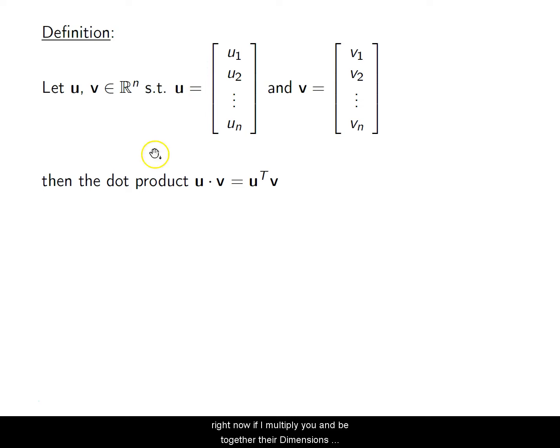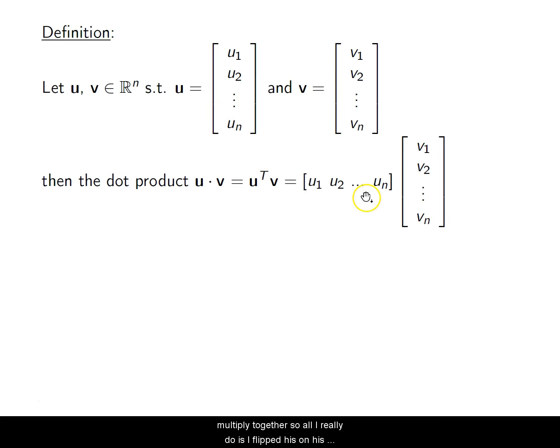Remember, for a matrix times a matrix, the number of columns in the first has to match the number of rows in the second. So if I flip u on its side, then the number of columns now matches the number of rows, and I can multiply them together.